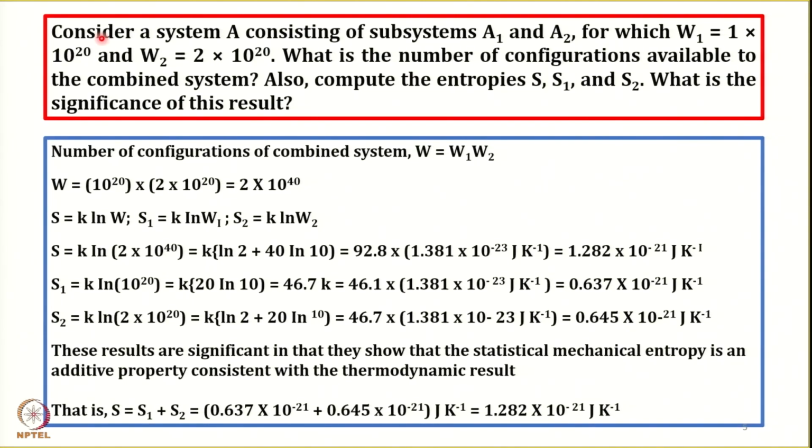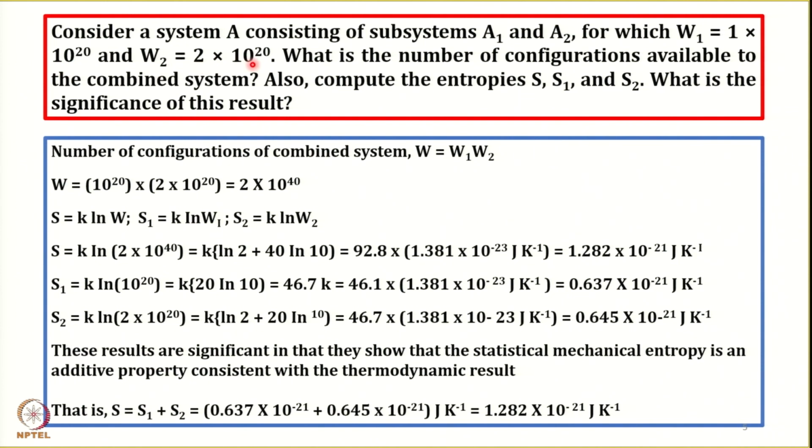Okay, let's move forward to discuss further applications. Let us discuss this question. The question is, consider a system A consisting of subsystems A1 and A2, for which W1 is 1 times 10 raised to the power 20, W2 is 2 times 10 raised to the power 20.